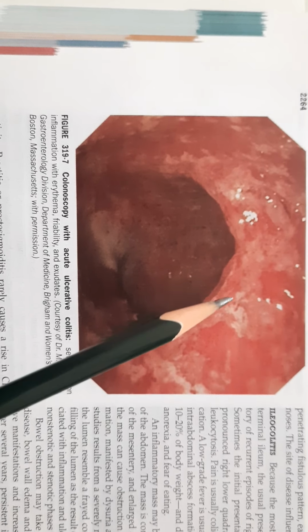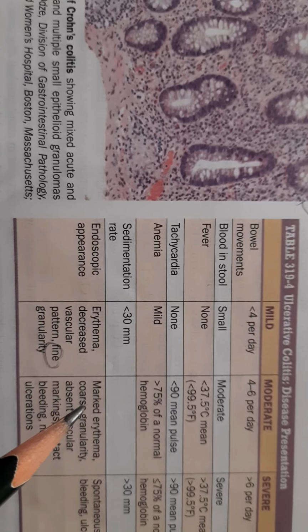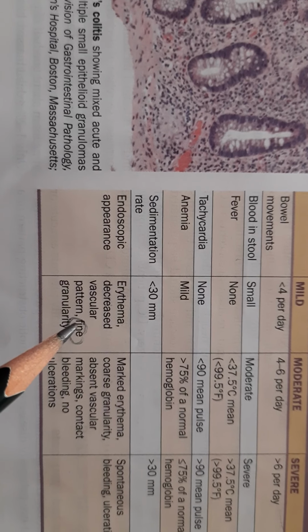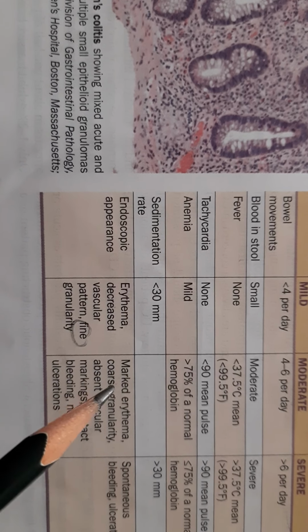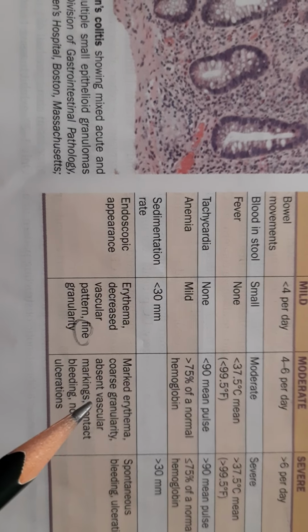So now coming again, as you see, in the milder form we will see the erythema, decreased vascular pattern and fine granularity. When we move to the moderate form, the erythema is more marked and there is coarse granularity. Here we are seeing fine granularity, and here is coarse granularity and absent vascular markings, because the mucosa is so much inflamed. The vascular markings are absent, and there is contact bleeding, but no ulceration.